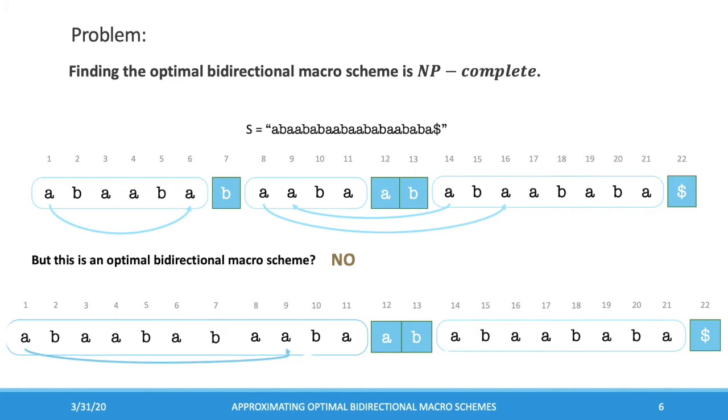Then we need to create a new pointer for this new phrase. In this case, it is going to point to position 9. And the second phrase still has the same pointer. Then we can say that this is the optimal bidirectional macro scheme, of size 3.